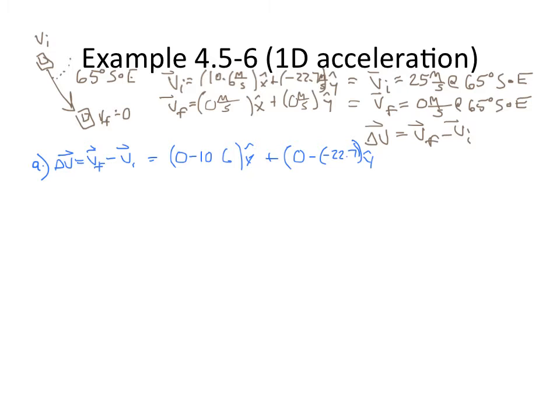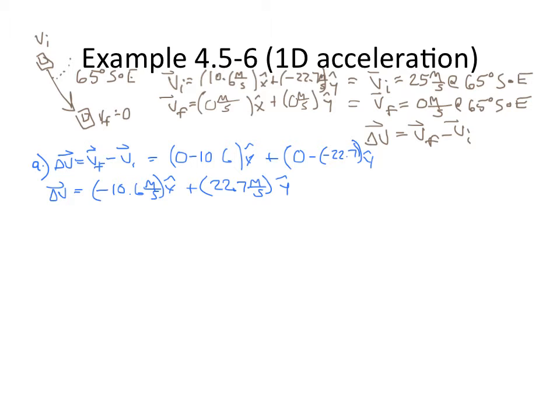All right, so what does that come out to? Our delta V, 0 minus 10.6, so negative 10.6 meters per second x hat, and 0 minus negative 22.7, that's going to be 22.7 meters per second in the y hat direction right here.